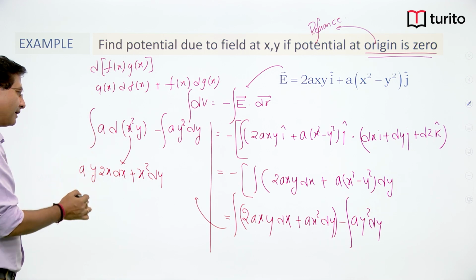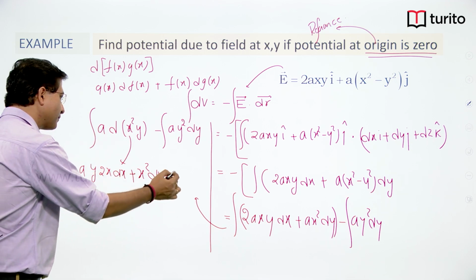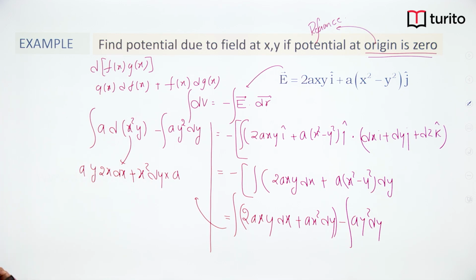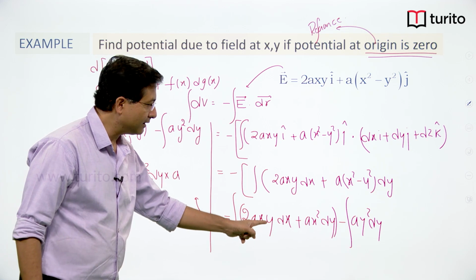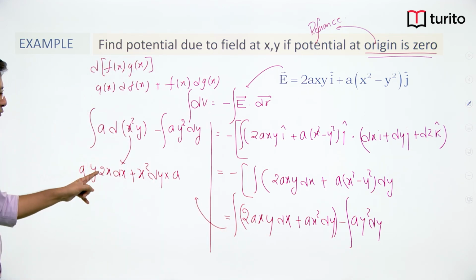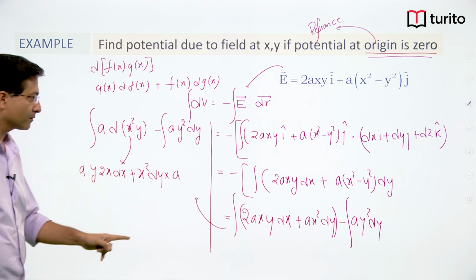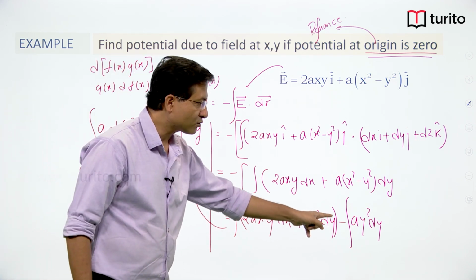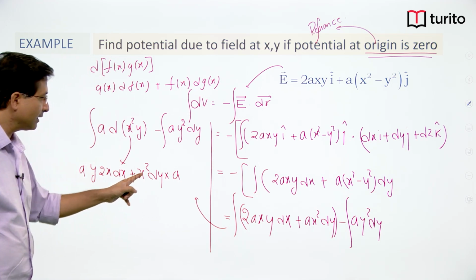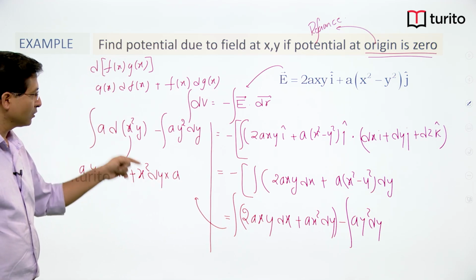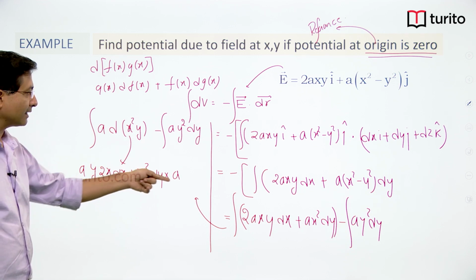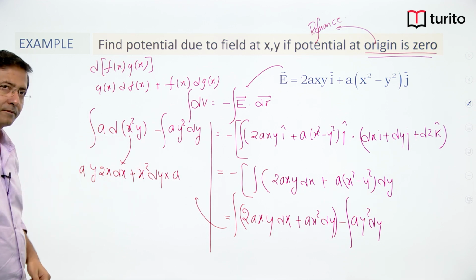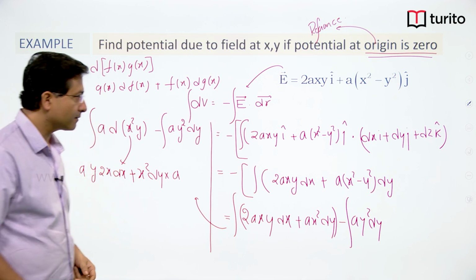So a will appear here and a will appear here. Now see 2axy dx, 2axy dx, ax square dy, ax square dy. So differentiation of this term will be this way. So I can convert this one into this one. I hope this one is clear.